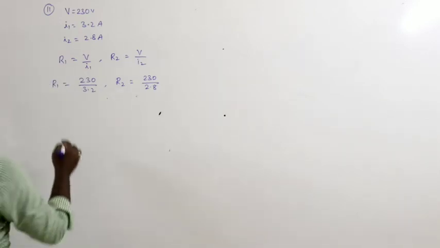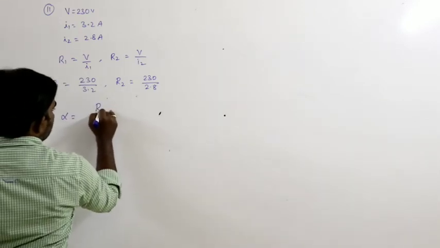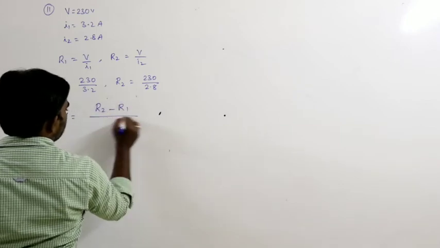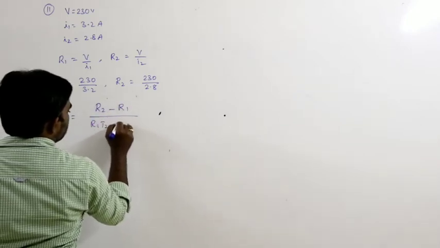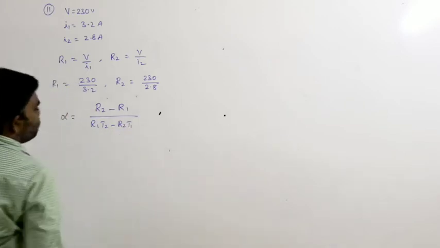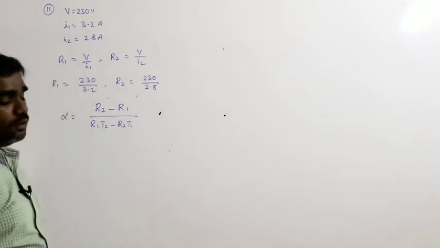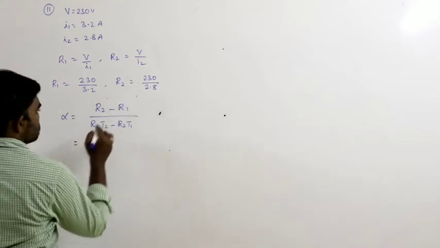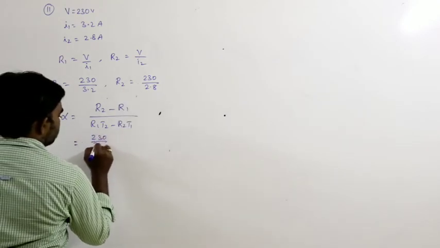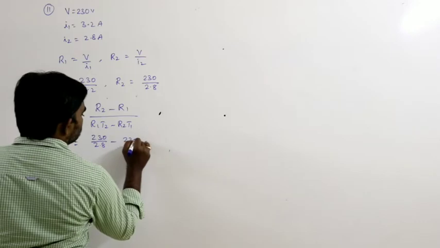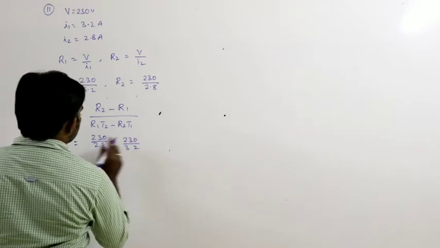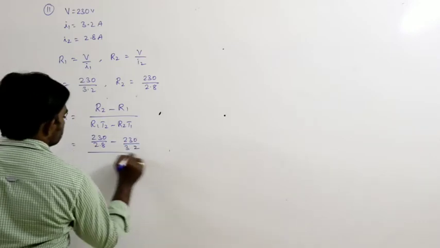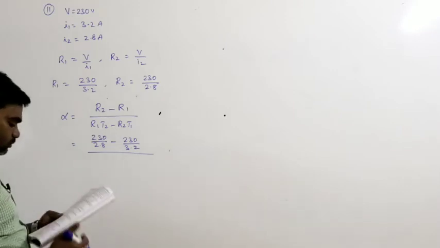So the temperature coefficient of resistance alpha can be written as, the formula is (R2 minus R1) by (R1 T2 minus R2 T1). So R2 is 230 divided by 2.8 minus 230 divided by 3.2. From this we have to calculate T2.